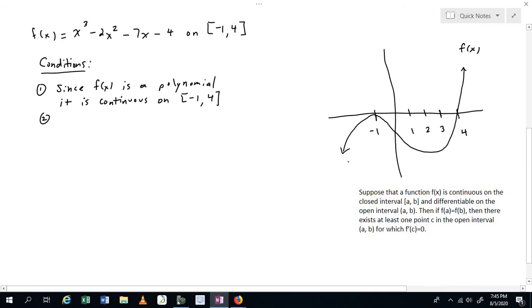Okay, so the second condition is we have to show that it's differentiable on the open interval from -1 to 4. And again, the argument is it's a polynomial. Polynomials are differentiable everywhere. Okay, so it's the same argument because it's a polynomial.